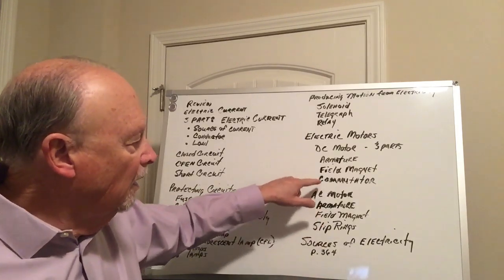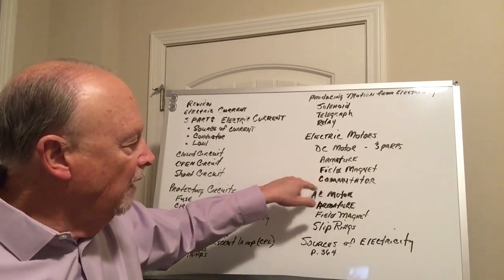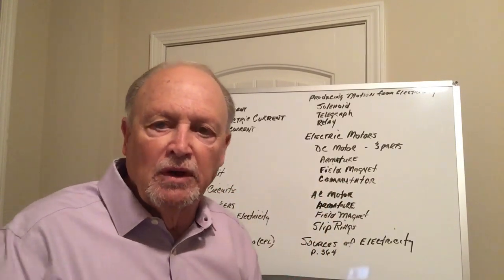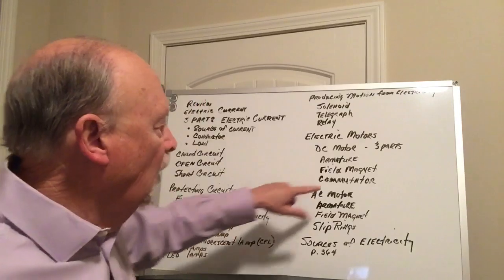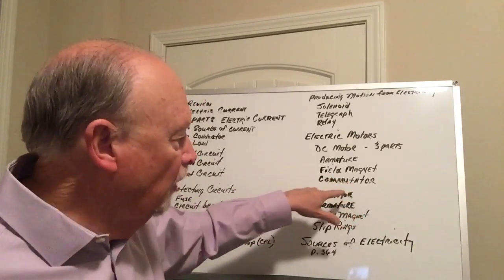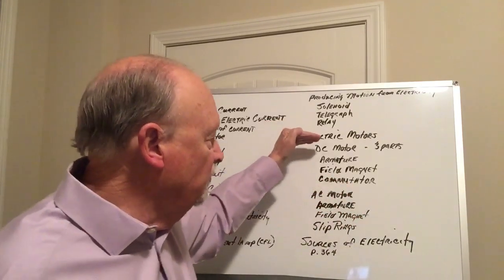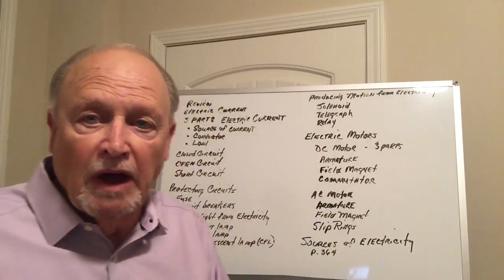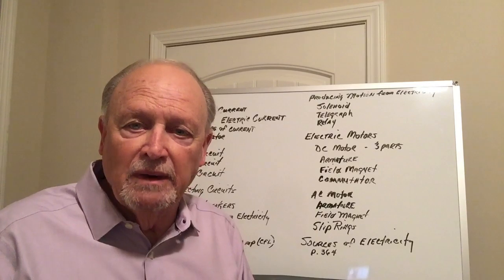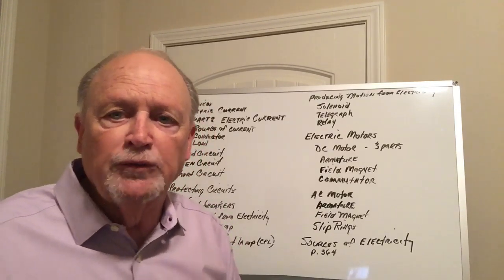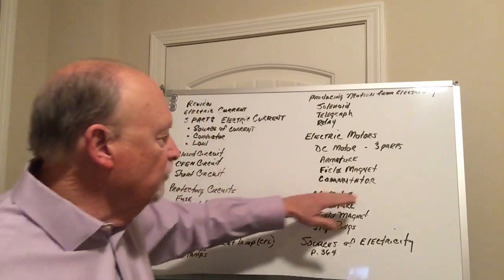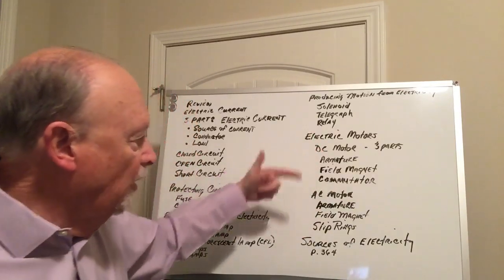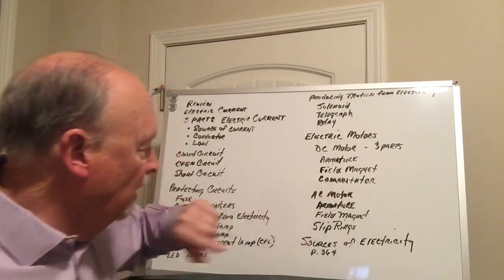And then we talked about the commutator, which allows the current to go through on an alternating basis. DC motor is direct current motor, and in order for the motor to operate correctly, you need an alternating current, and so that's what the commutator is for. So three parts you would need to know would be the armature, the field magnet, and then the commutator.